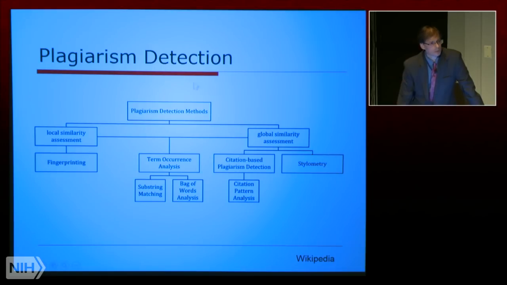So there are multiple different plagiarism detection methods. I'm not going to go through them in detail, but I will tell you that these plagiarism detection methods are used by all of the journals now.